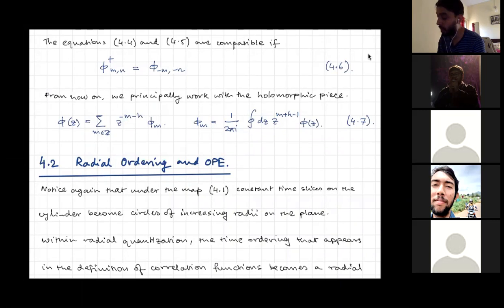So in this case, T(z) is going to be the summation over n of z to the minus n minus 2 times something we are going to call L_n, because h is equal to 2. So we are just expanding out T.